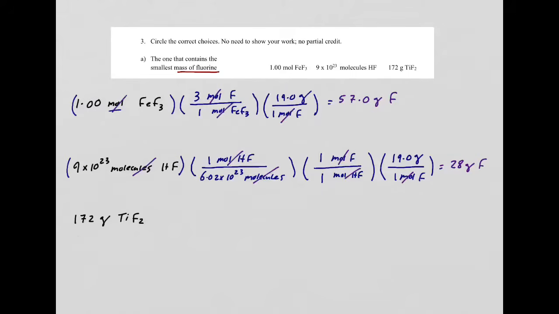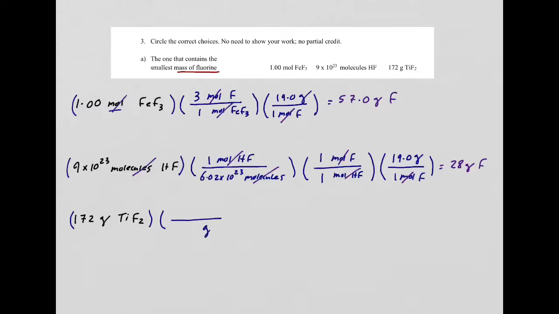Okay. Now last one. Again, the same thing. I have 172 grams of titanium fluoride. Now what I'm going to do, I need moles because what I want is just fluorine and not TiF2. So you have to do mole ratio. But before I can do a mole ratio, I need to have moles.